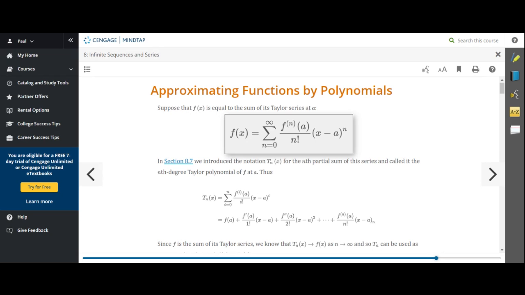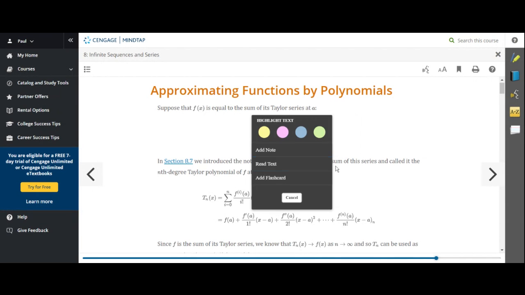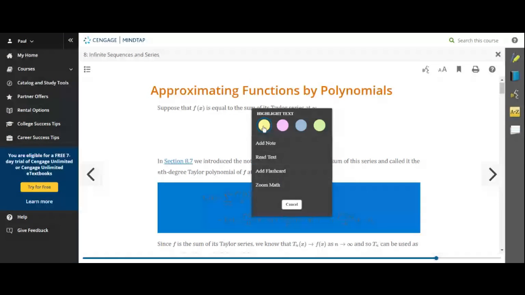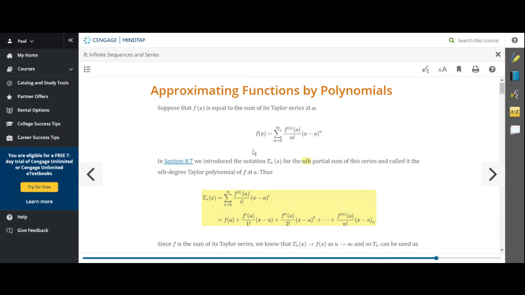we are going to approximate the function by taking a polynomial from the series. For instance, if you were to look at the nth partial sum of the series, then you would have an nth degree Taylor polynomial. So you're taking the first n terms of the series.